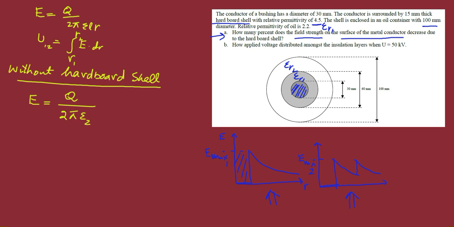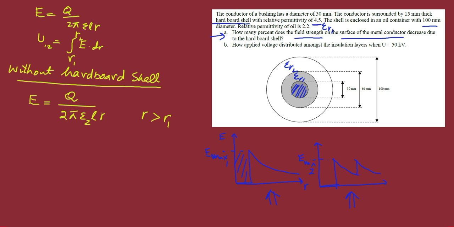Here we will use absolute permittivity epsilon 2 instead of epsilon r2, and L the length of the cylinder, multiplied with r. That will give us the electric field at any arbitrary distance r from the center of the conductor, where r is greater than r1, which is 15 millimeter.